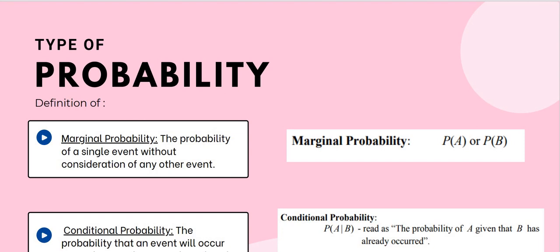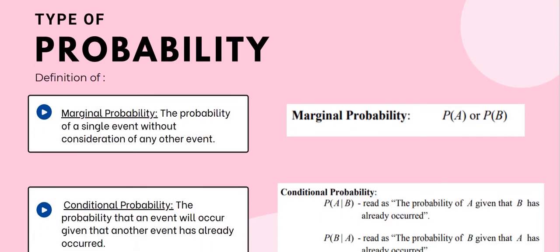Okay, so now we have types of probability. The first one we call a marginal probability, which is the probability of a single event without considering any other event. If you can see, this is related to independent and dependent events. Independent means it is not depending on others, without considering any other event.